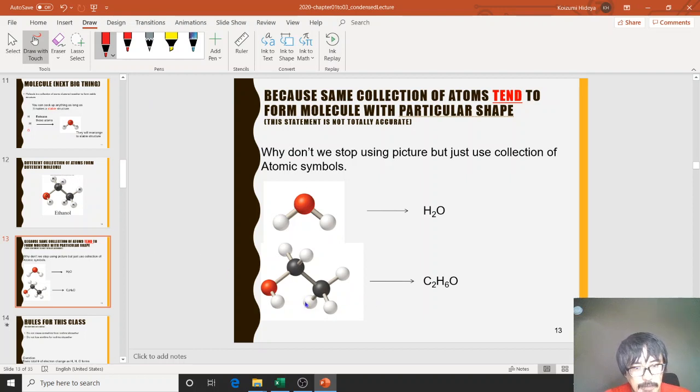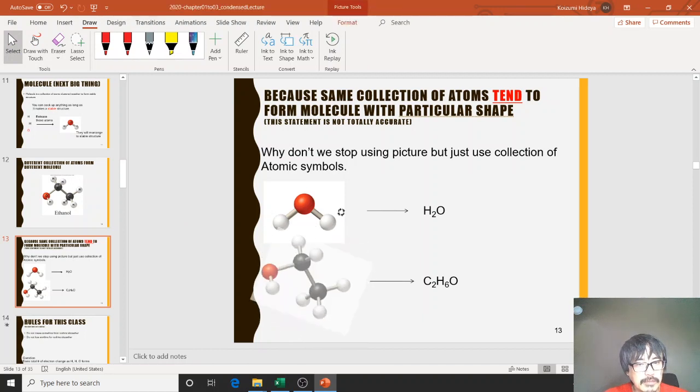So every ethanol looks like this, always. It may rotate like this, but the shape stays the same. The relative position stays the same.